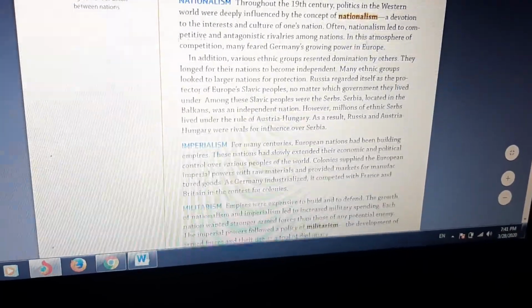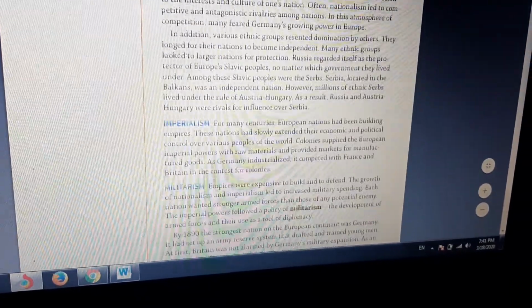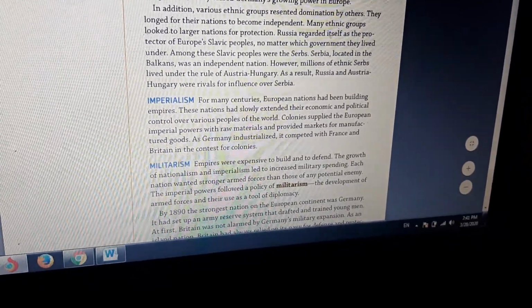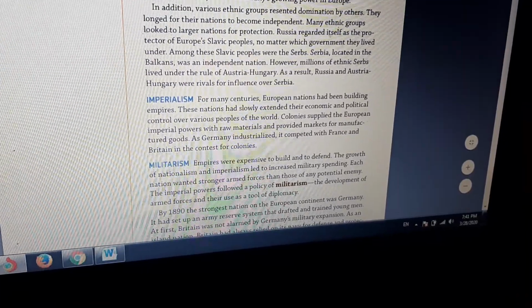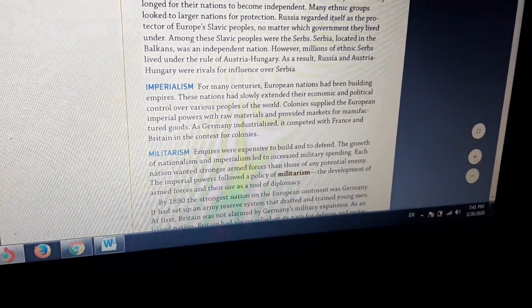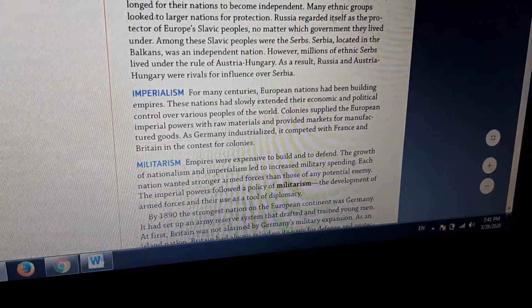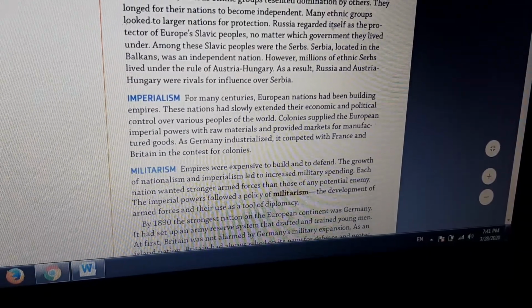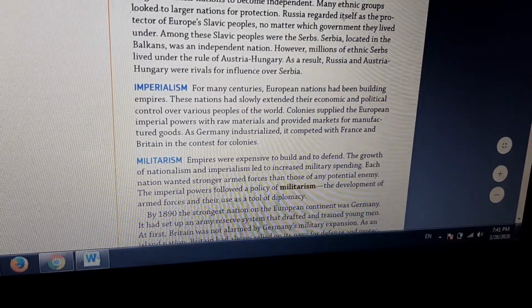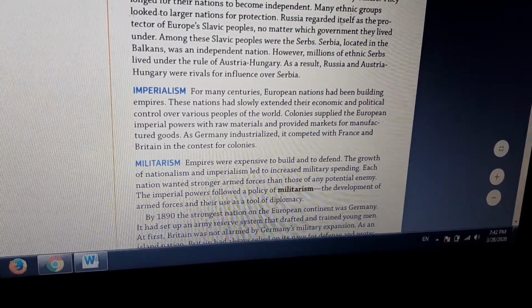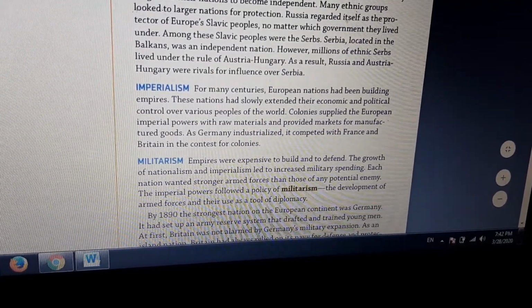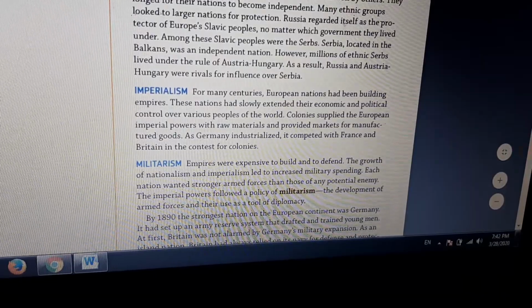Then the second cause of World War I is imperialism. So for many centuries, European nations had been building empires. These nations had slowly extended their economic and political control over various people of the world. Colonies supplied the European imperial powers with raw material and provided markets for manufactured goods. As Germany industrialized, it competed with France and Britain in the contest for colonies.